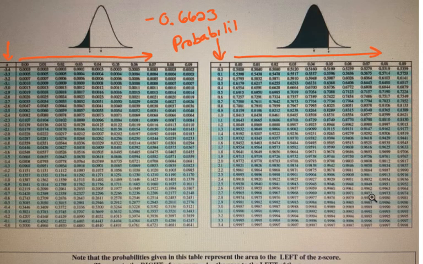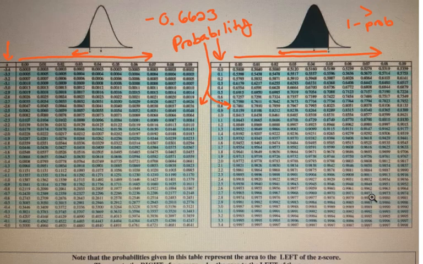Now, the probability that's listed in these is always for less than. So you'll see that it's the left side of the curve that's shaded in. If you want the right side of the curve, so if you want greater than, you're going to have to take your probability and subtract it from 1.